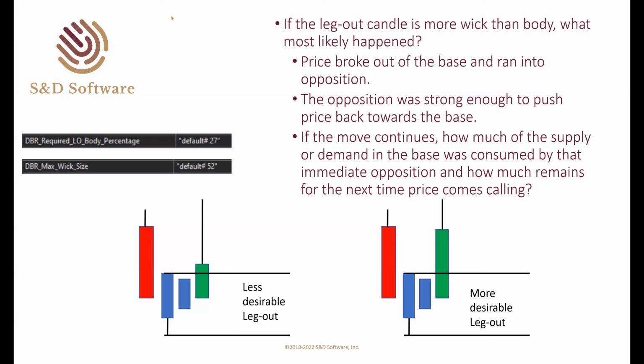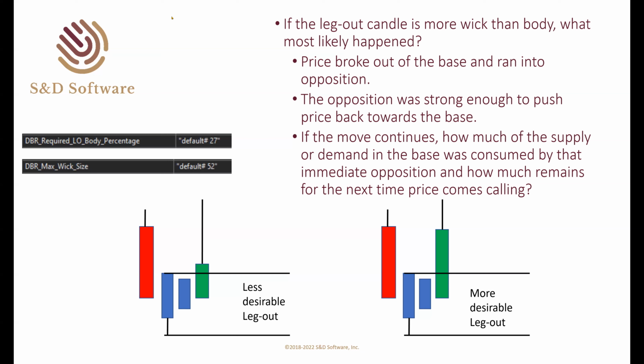And the first one, again, is we're going to require that the leg out have a certain amount of the candle in the body as opposed to the wicks. And the second one is very similar to the first one. And here you're specifying the maximum size that the wick on top of the candle could be.